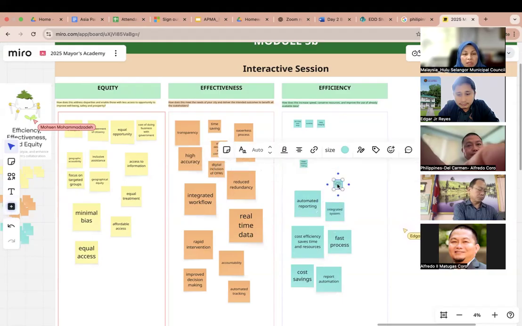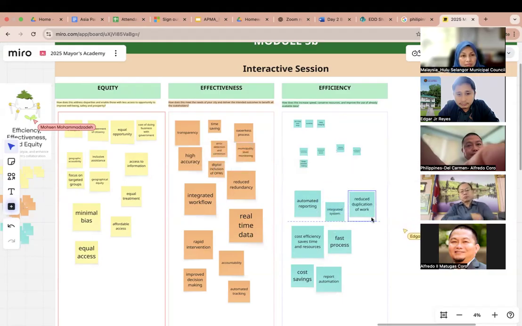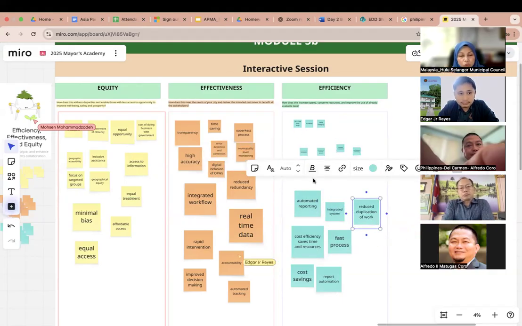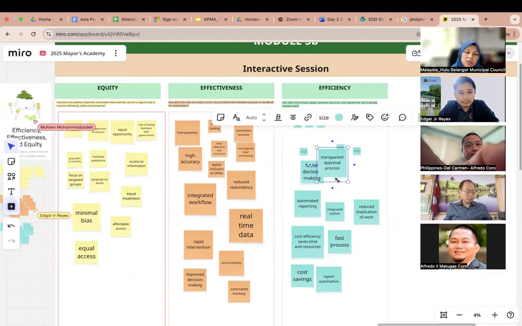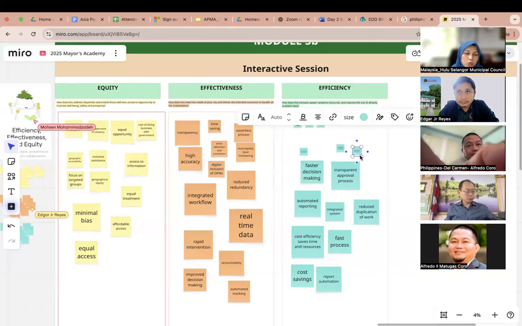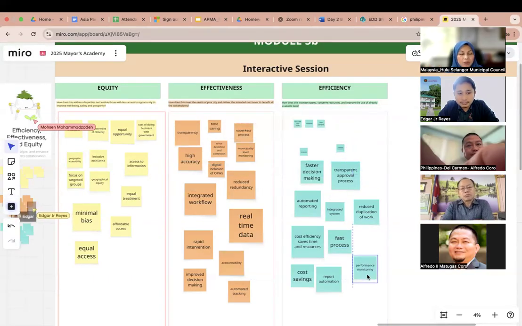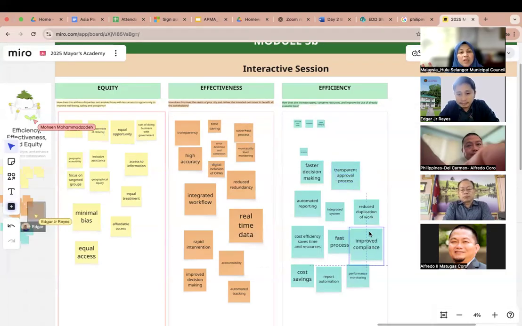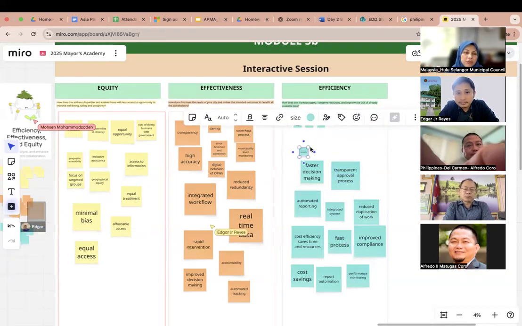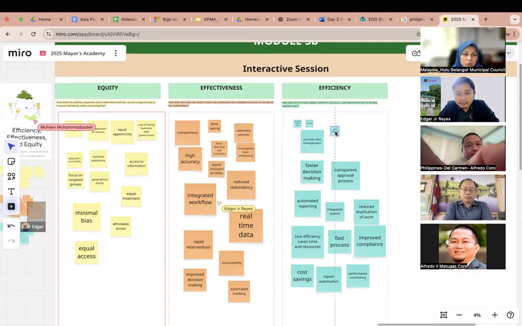For example, if they want to apply for a business license, they can do it through the system. It's easier for people to access us because our municipal area, Dr. Mosin, is quite big. We have about 175,000 hectares. It is difficult for people to commute every day to our office just to apply for a license.